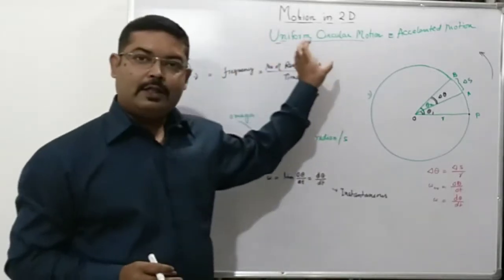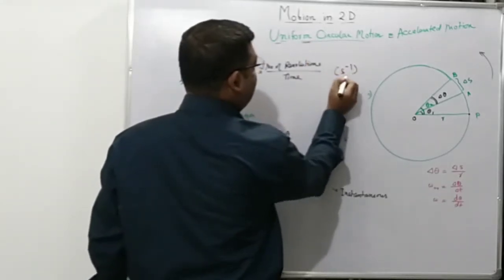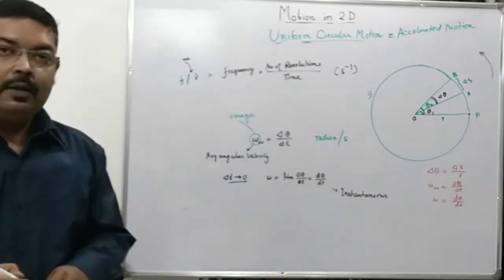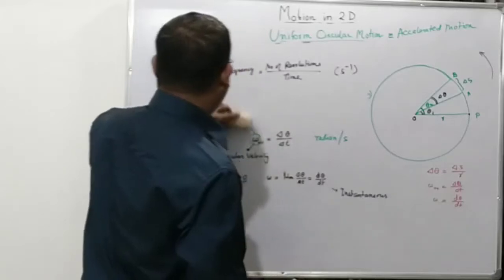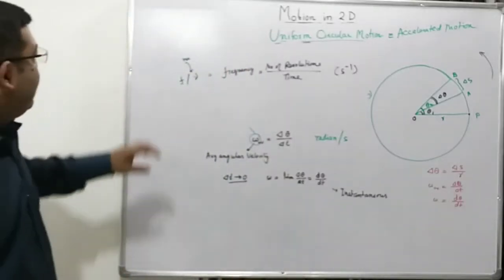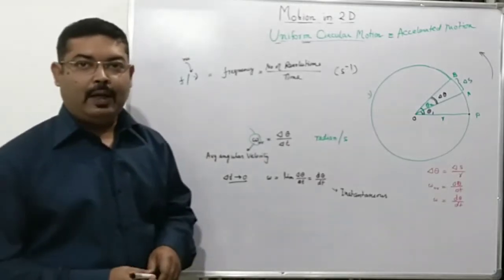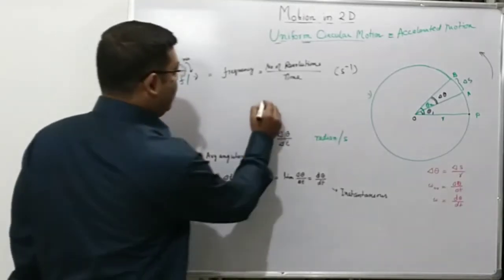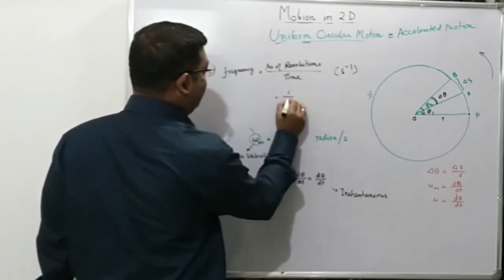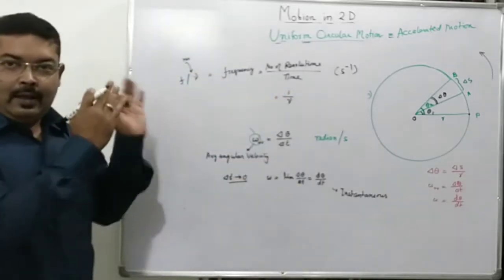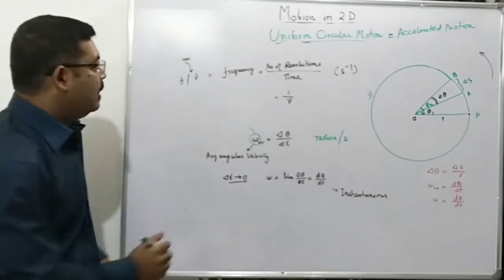Number of revolutions is a number divided by time, so it will always be given by per second. If an object makes nu revolutions per second, how much time will one revolution take? It will simply be 1 by nu. Nu revolutions per second, 1 revolution in 1 by nu seconds.